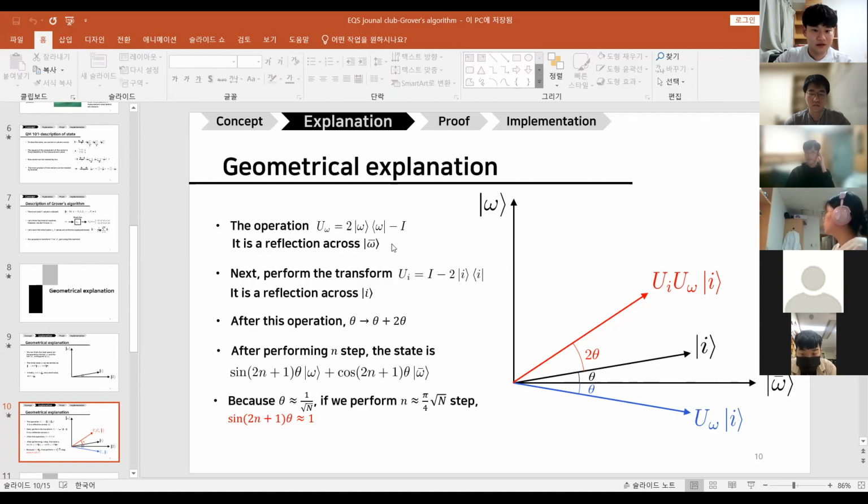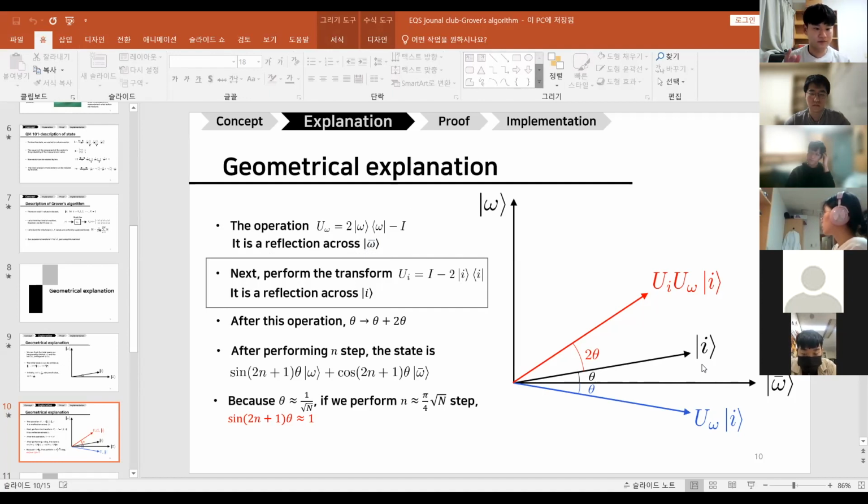And omega, this is the bra vector, and I is the ket vector. If you connect them, this is just the inner product. Do you understand? Oh, okay. So omega and I, this is the inner product.